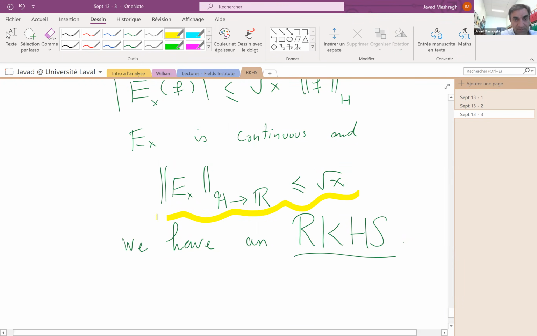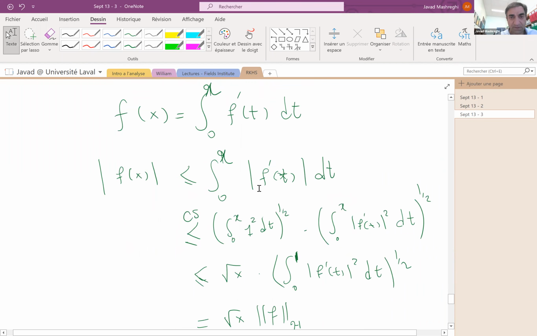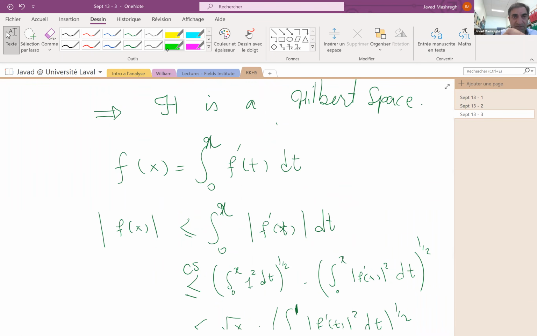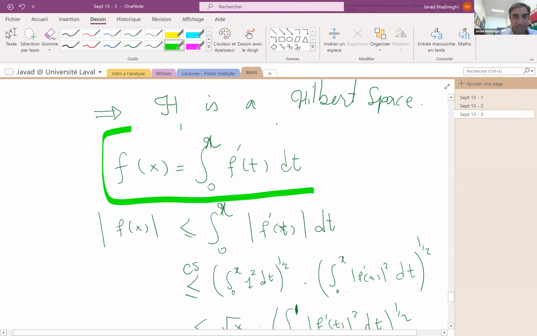Is this optimal? Is this really an upper bound for the norm? I can very quickly convince you that this is not the optimal answer, because I started with this representation, because this is f of x, but the integral on the right side is f of x minus f of 0. F of 0 is 0, so we obtain it.